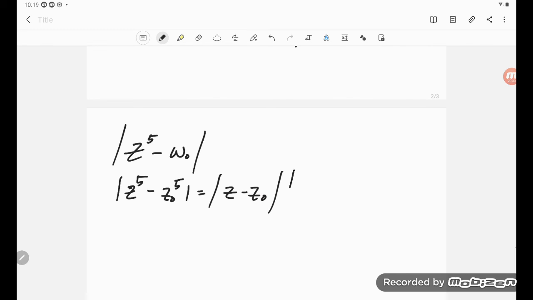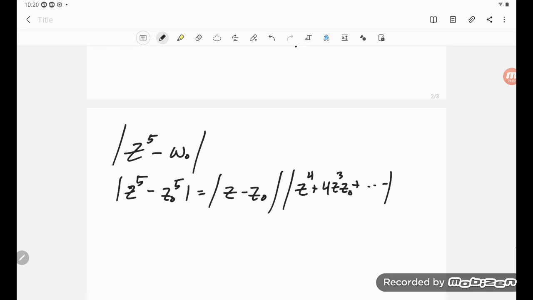That's the part I need. And then this other factor. And that other factor, in this case I think is z to the fourth, and then plus, oh, what do we have? I think we have, would it be 4? Yeah, I think 4 z cubed z0, like that, plus and so forth.